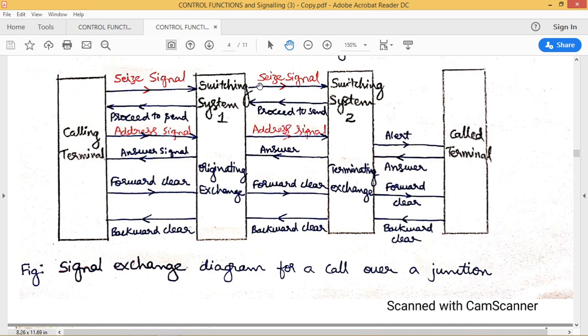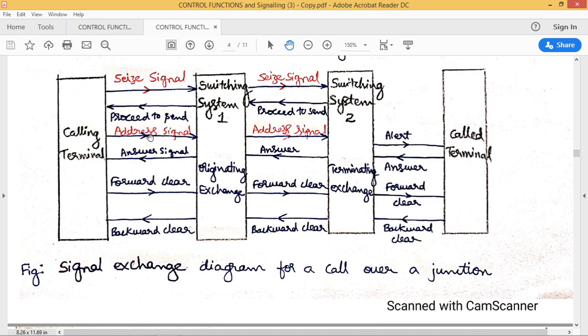So with the reception of the C signal, the terminating exchange starts sending the proceed to send signal. The proceed to send signal is also forwarded to the calling person via the originating exchange. With the reception of this proceed to send signal, he starts dialing the intended destination address with the help of the address signal.